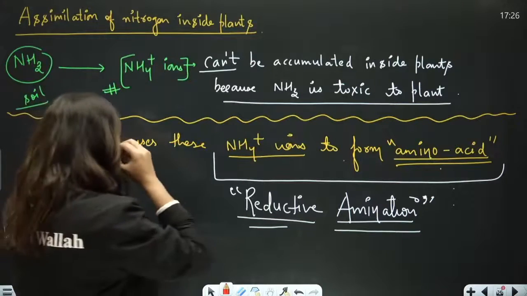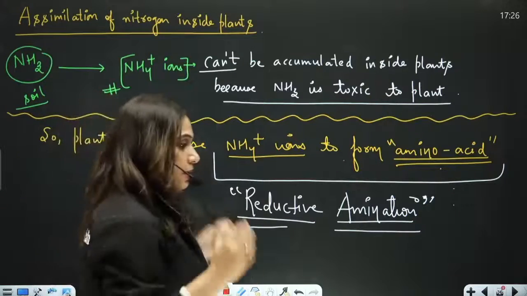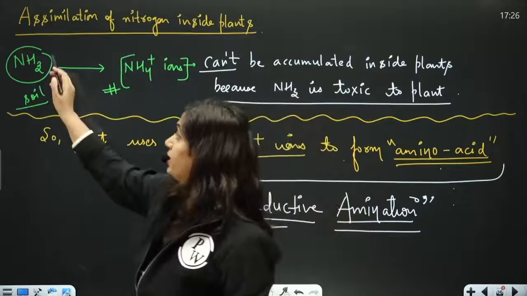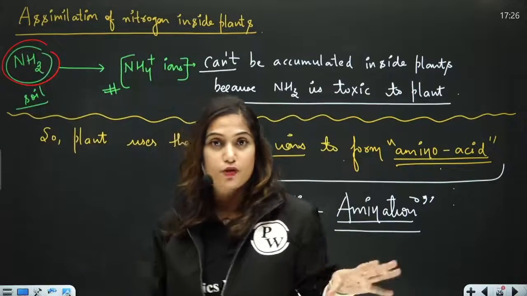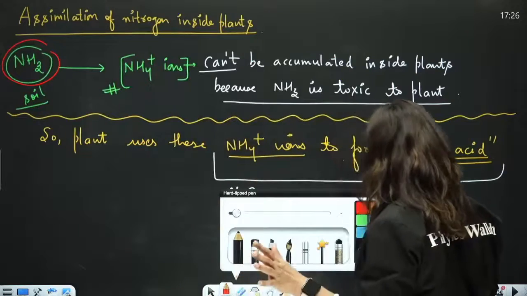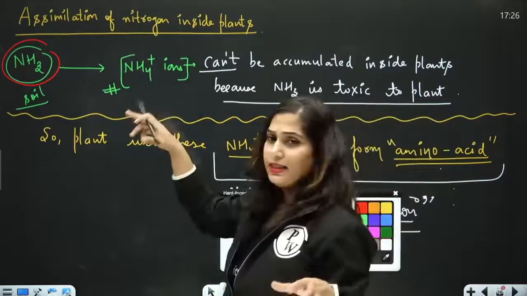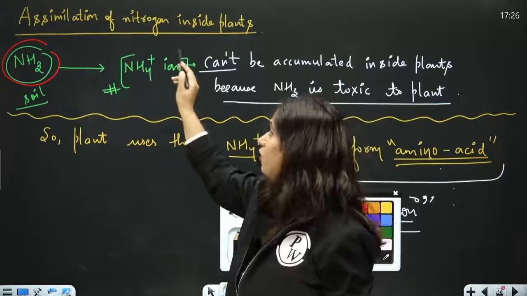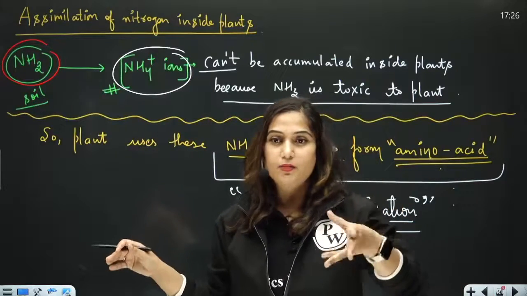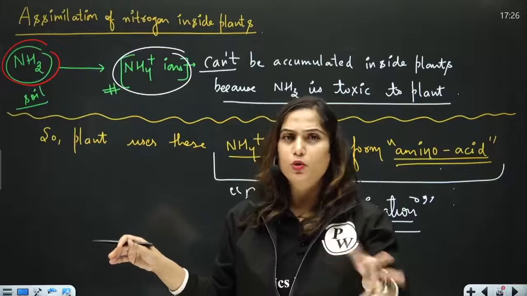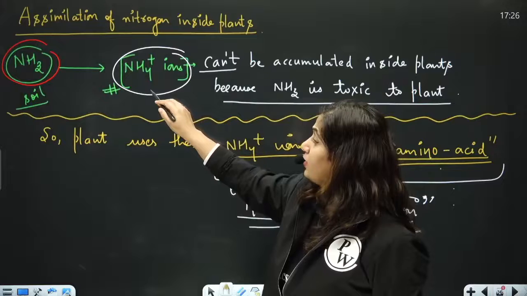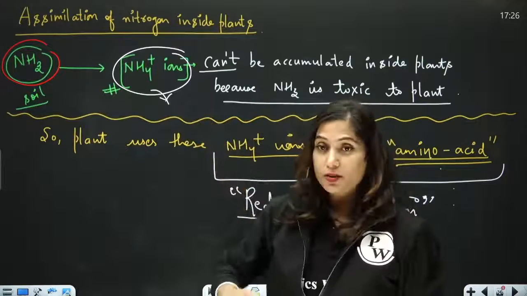So this is very important that the plants have taken up ammonia from the soil. And this ammonia can be taken up in the form of ammonium ions, okay? Because ammonia cannot remain in the form of ammonia. It forms ammonium ions by combining with water. So, plant has taken the nitrogen from the soil in the form of ammonium ions.